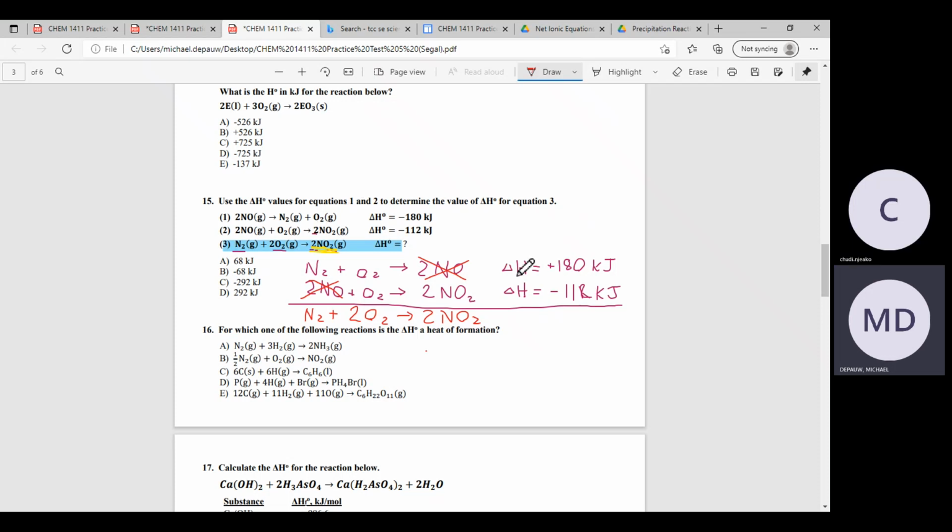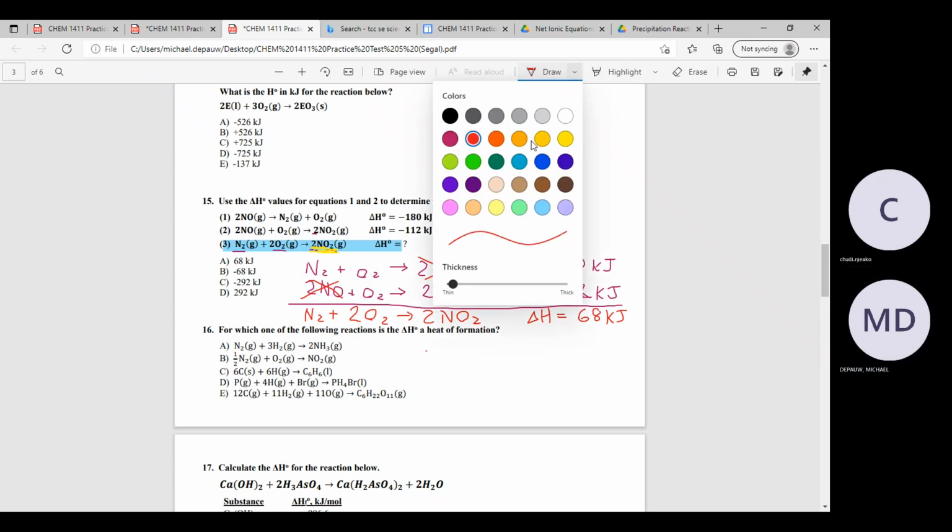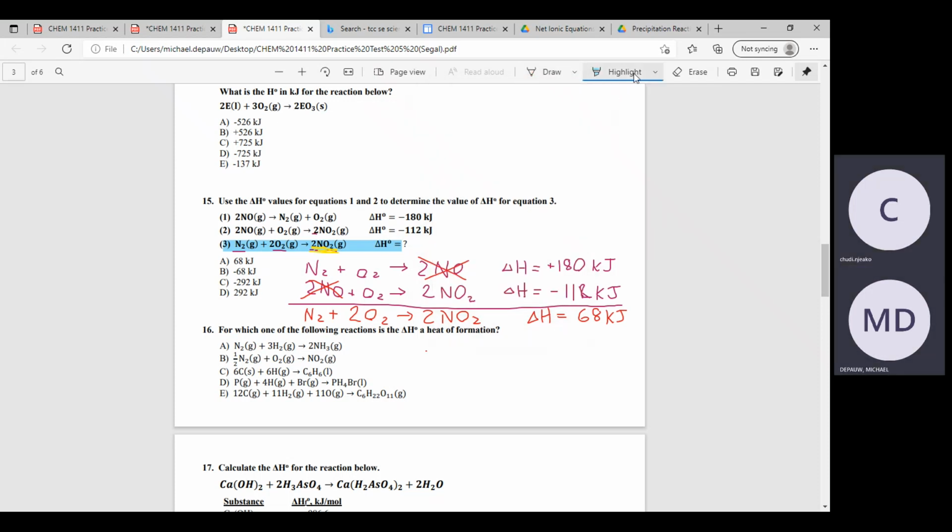That means I can add the delta H's, and that will give me the delta H of the overall reaction. So delta H in this case, 180 minus 112, that's going to give you positive 68 kilojoules. Add 180 to negative 112, it gives me positive 68. So my answer in this case is going to be A.